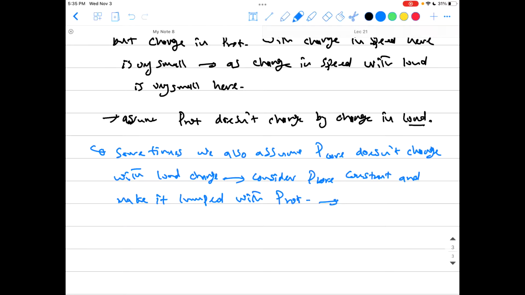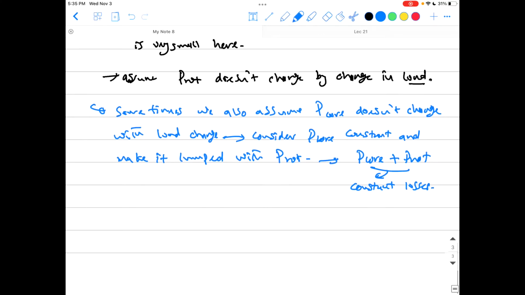And we call them, P core plus P rotational, the constant losses, okay. So in some machines we find that even the core losses do not change that much with the change in the load, so we just don't bother with it and assume it's constant.